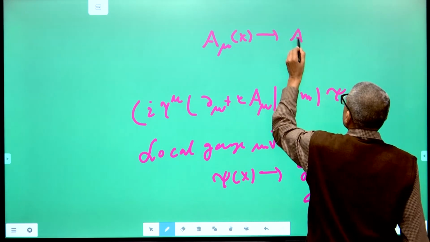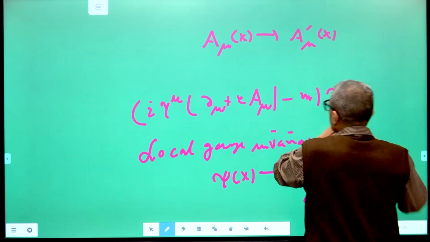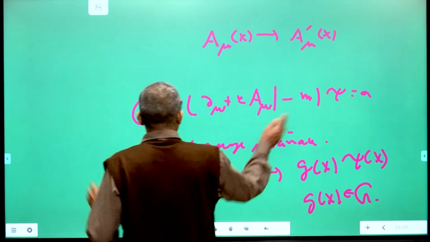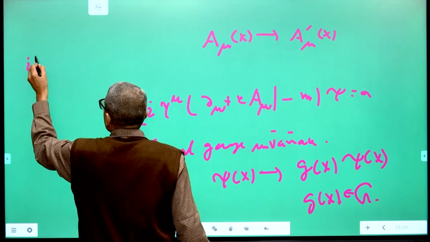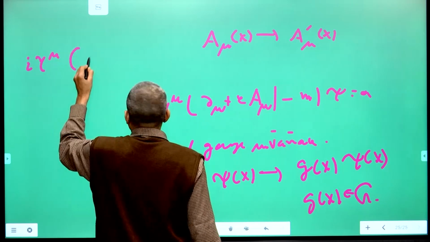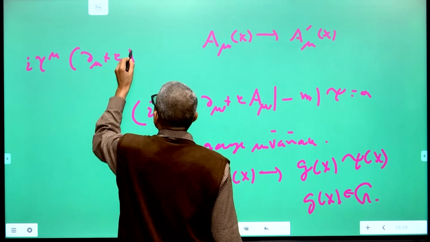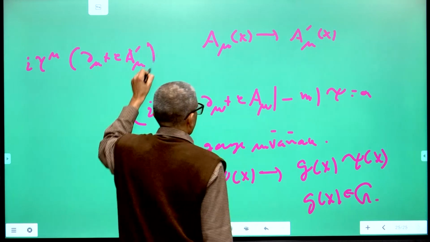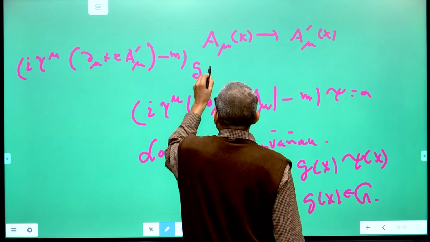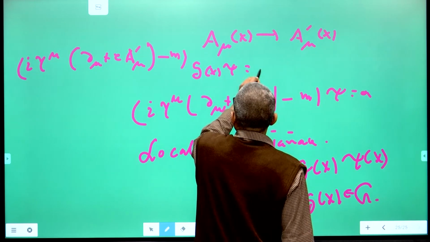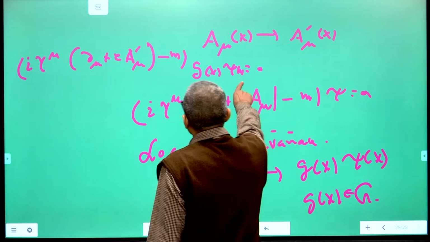This goes to A mu dash of x in such a way that this equation remains invariant. That means that if this goes to A mu dash x, then this becomes gamma mu times dou mu plus e A mu dash at x minus m acting on G of x acting on psi equal to 0.